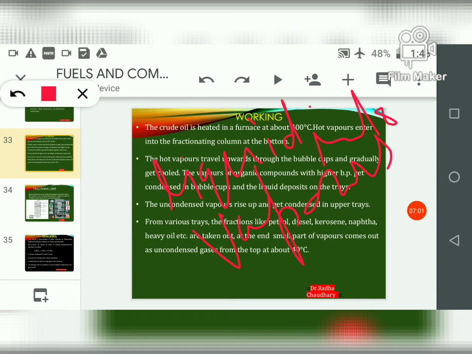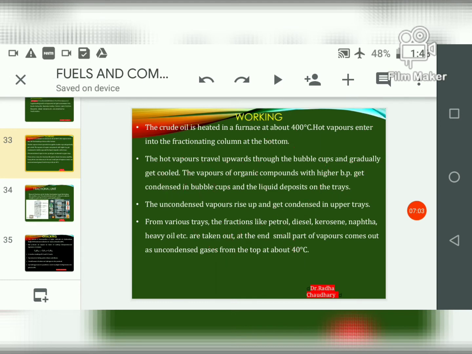Then these hot vapors are sent to the fractionating unit. It means hot vapors travel upward through the bubble caps and gradually get cooled. The vapors of organic compounds with high boiling point get condensed in a bubble cap and the liquid deposits on the trays.